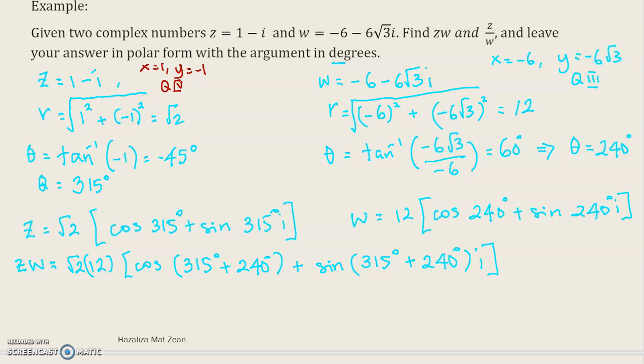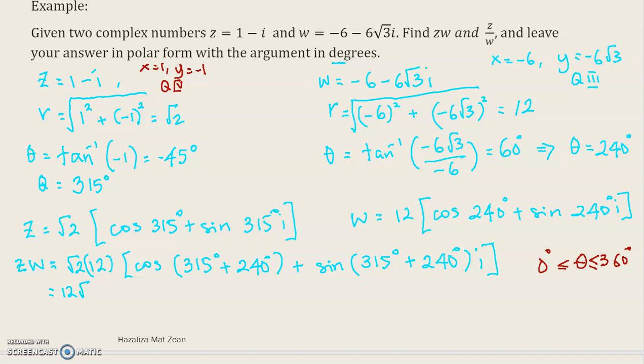Again we have to remember that we have to put theta between 0 and 360. This theta is going to be very big, right? So we have to put it in one revolution only, in one cycle only.